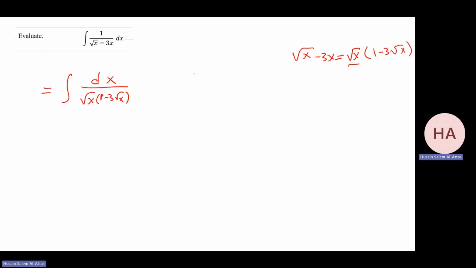That will help. Why? Because if I let u equal 1 minus 3 square root of x, what will du be? It will be minus 3 over 2 square root of x. So to make it du, I need 2 here and multiply by minus 2 over 3. It's like I'm multiplying by 1.